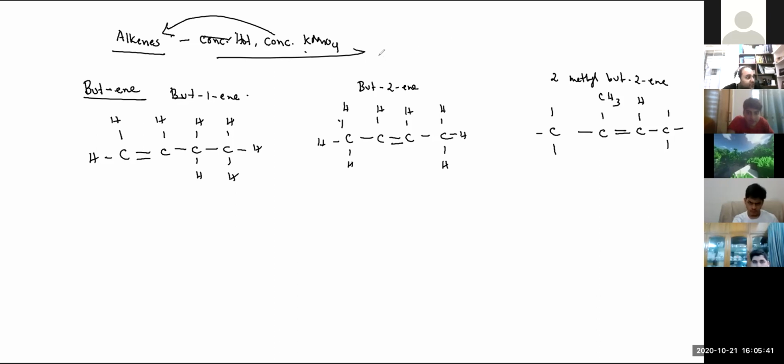So now you have added hot concentrated KMnO4. What is happening? Hot concentrated KMnO4 breaks the bond through the middle.